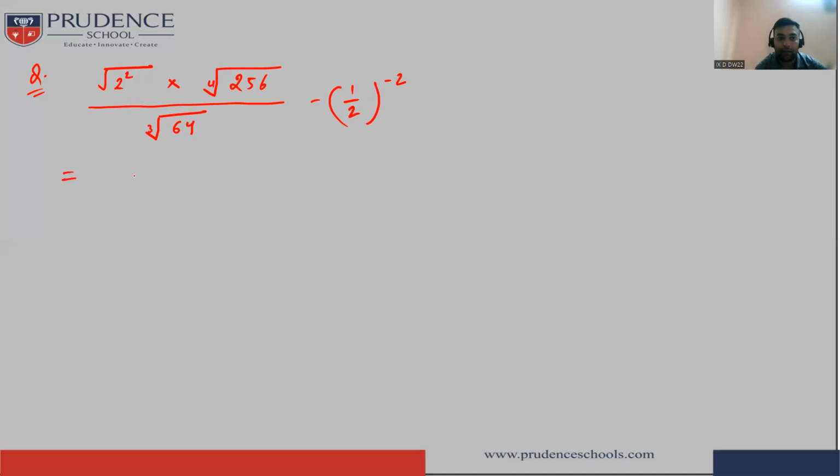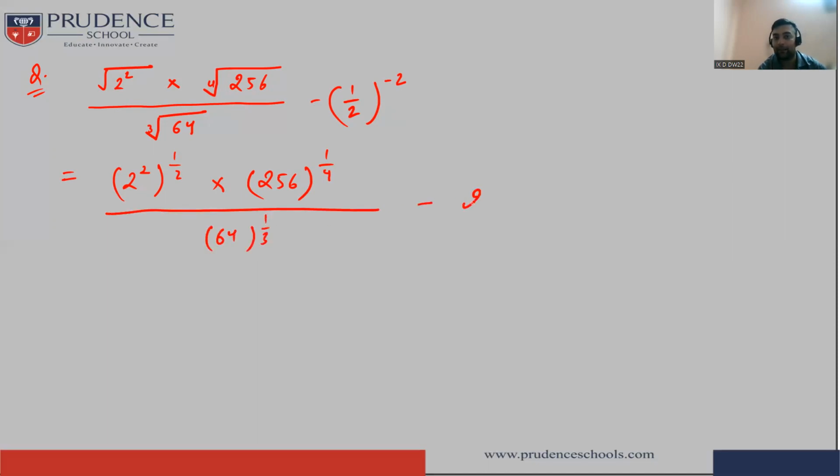So we know that 2 raised to power 2, whole raised to power 1 by 2, square root is equal to power 1 by 2, multiplied by 256 whole raised to power 1 by 4. This is the fourth root, and 64 has a cube root, so it will be power 1 by 3, minus this will be 2 raised to power 2.